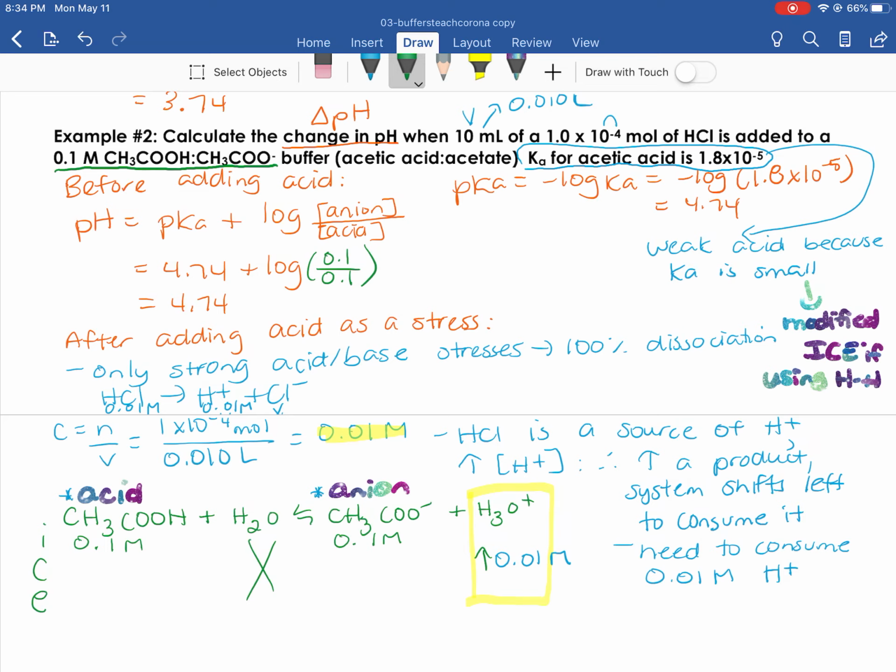Okay, so if it shifts to the left to consume the added H3O plus, that means that the concentration of the acid is going to increase by 0.01, and the concentration of its conjugate base is going to decrease by 0.01.